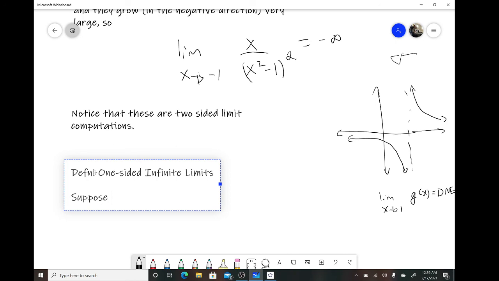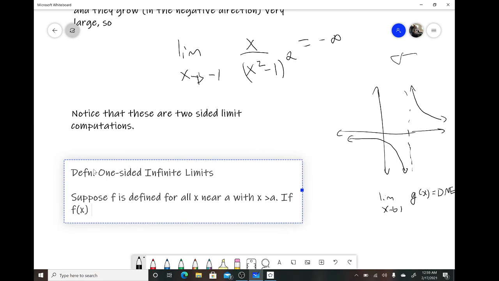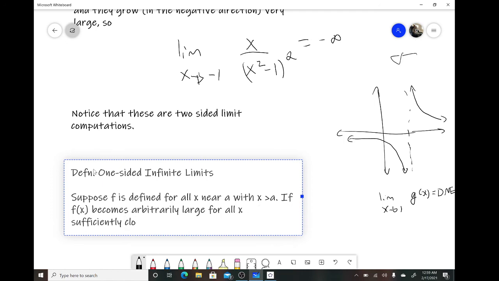Suppose f is defined for all x near a with x being greater than a. If f of x becomes arbitrarily large for all x's sufficiently close to a, with, again, x bigger than a, then we write the following.